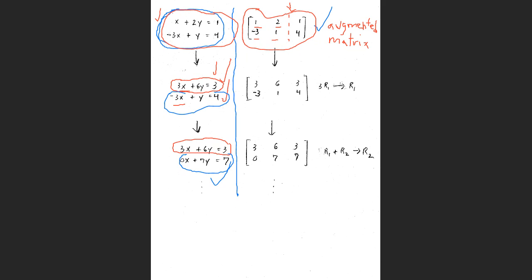Going from the first matrix to the second matrix, I took 3 times the first row, row 1, which is 3 times the first equation, and replaced the first equation with it. So 3 times row 1 replaces row 1, and then I got the 3, 6, and 3 here. And then the second equation I left alone.